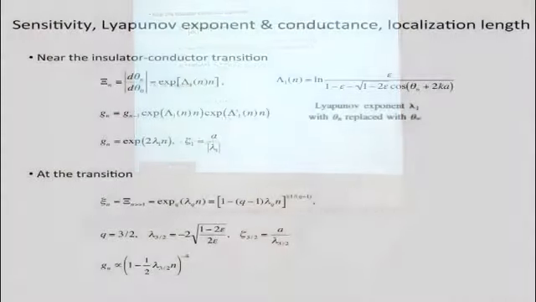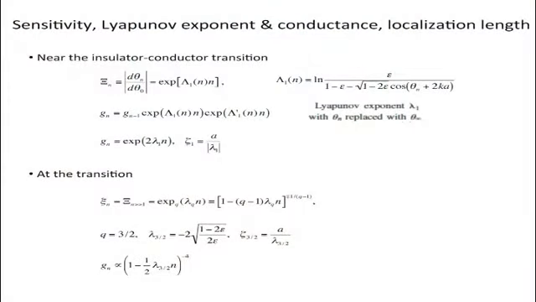Here is a little bit more detail. We can calculate the sensitivity to initial conditions. For large iteration time, if the iteration time grows and approaches infinity, this will become the Lyapunov exponent. We also have the conductance.